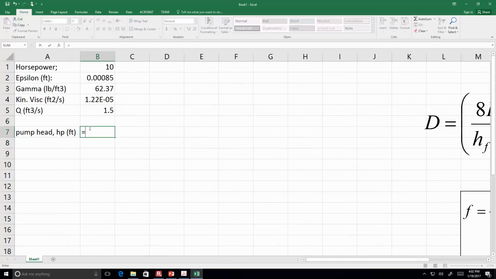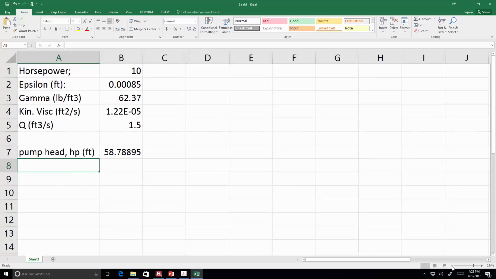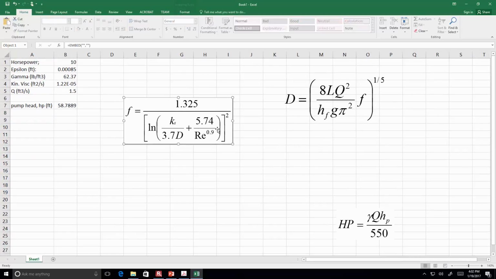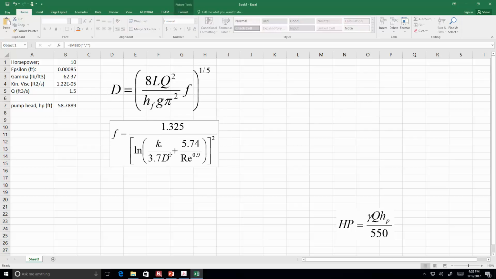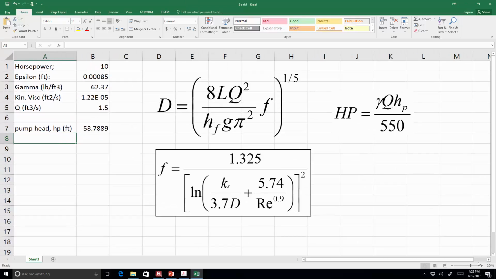Okay, so that equals 550 times horsepower divided by the unit weight divided by the flow rate Q. Now we've got the length of the pipe is 800 feet.